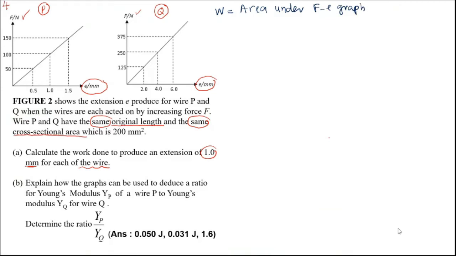So for wire P, the work done is equal to half times, find the area under the graph, 1.0 times 10 to the power of negative 3, because that one is given in millimeter, and then times the height of the graph for 1 millimeter.